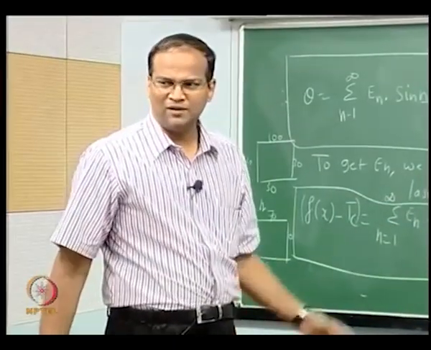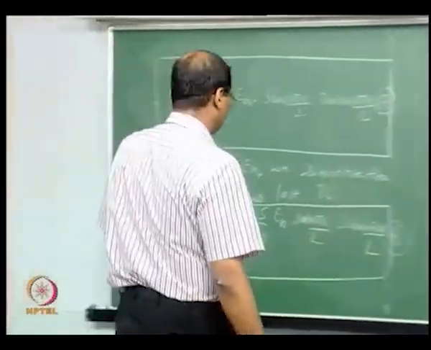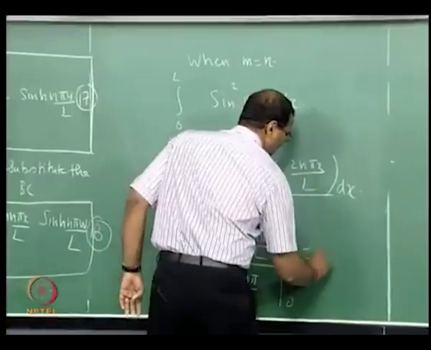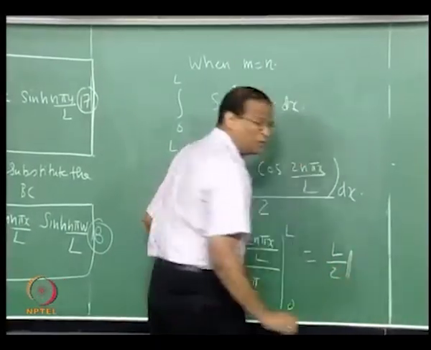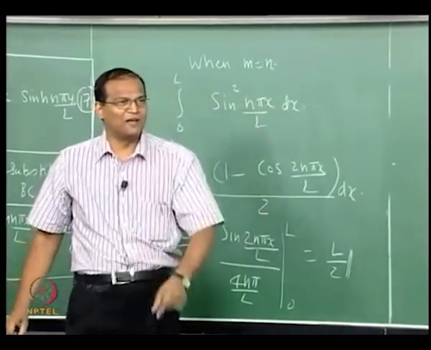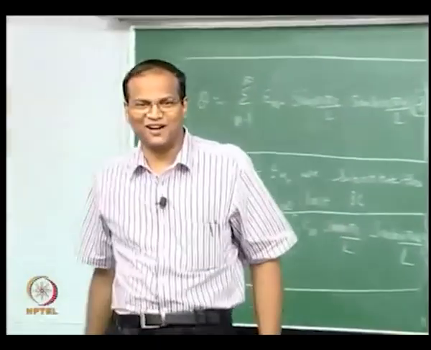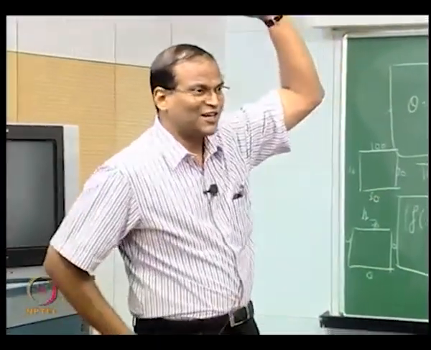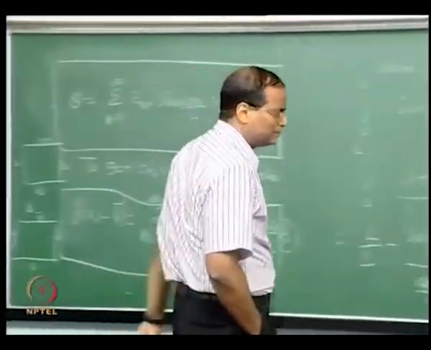So this is nothing but L by 2, very good. What is L by 2? Half width of the slab. That integral is nothing but the half width of the slab if you translate it to our original problem.